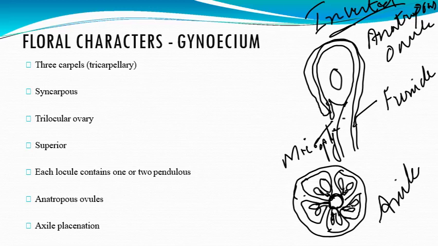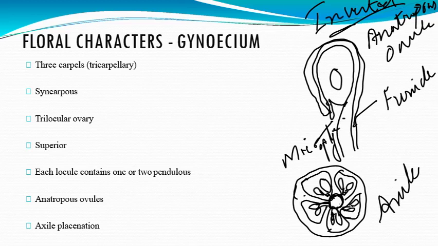The position of ovule in Euphorbiaceae is anatropous. So the position of ovule in ovary of Euphorbiaceae family is totally anatropous.